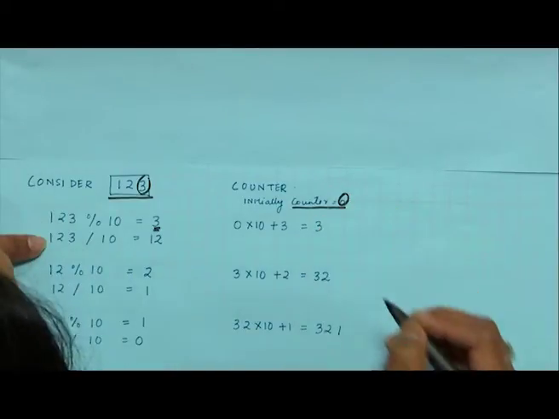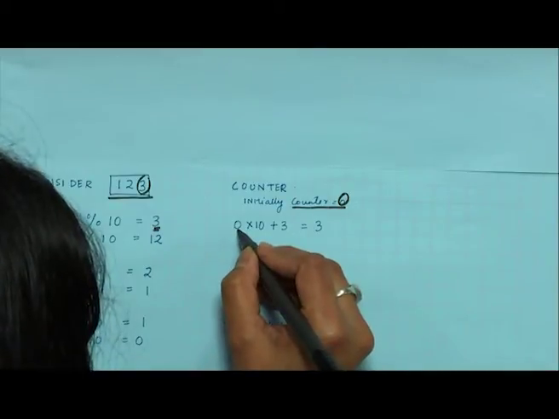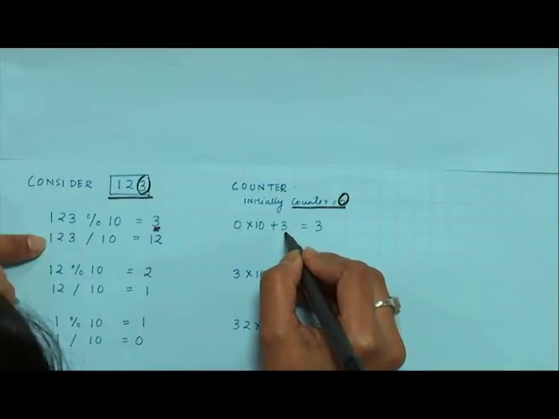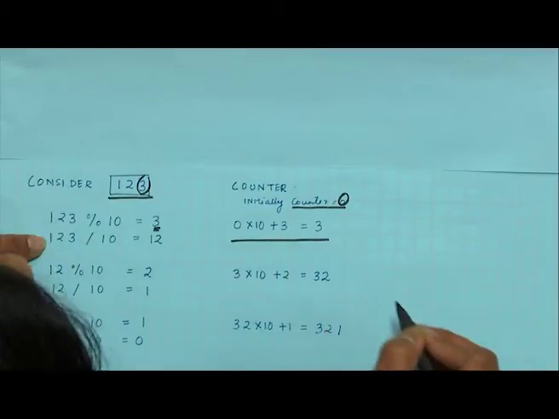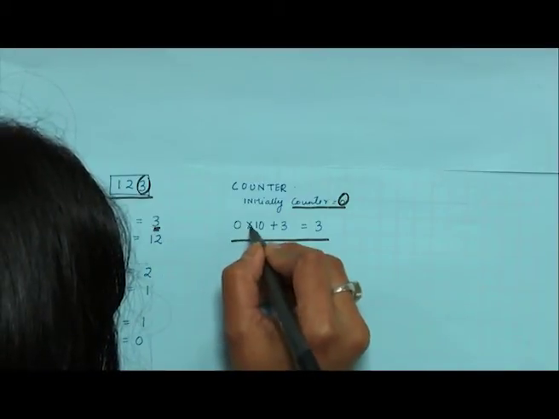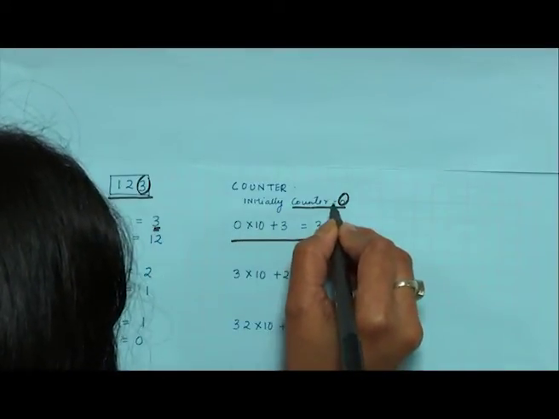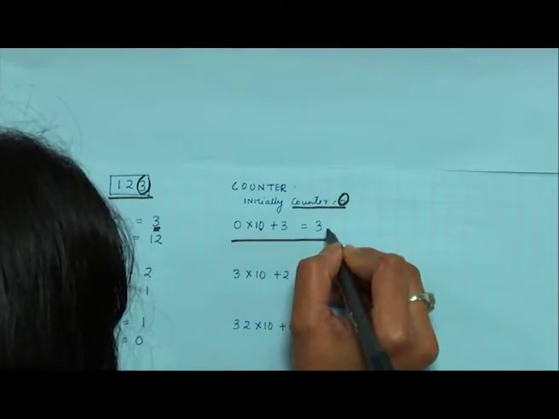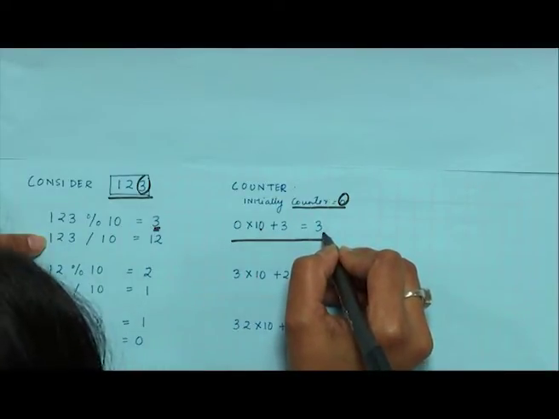We multiply 0 with 10 and add the remainder, so we get 3 here. This is the 0th step: the counter was 0, multiplied with 10 and added with 3. Now, my counter is 3.